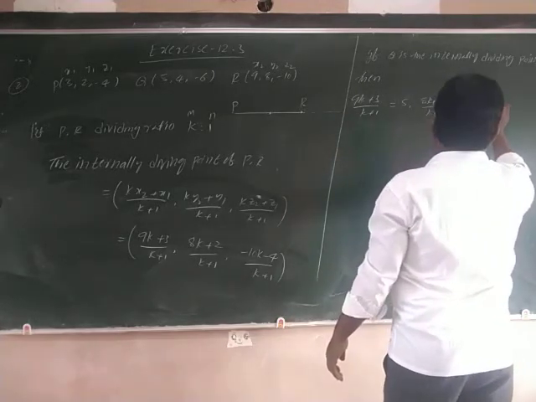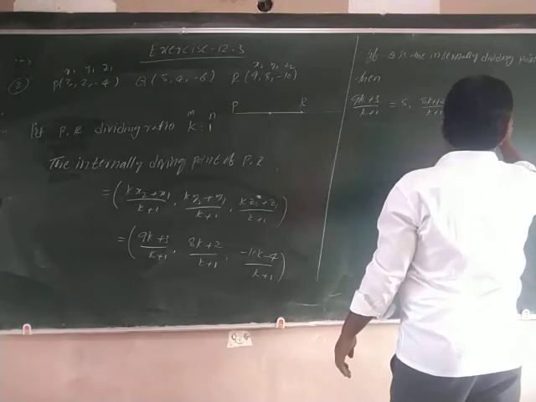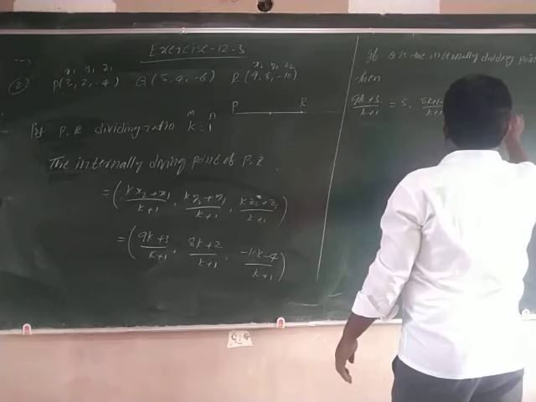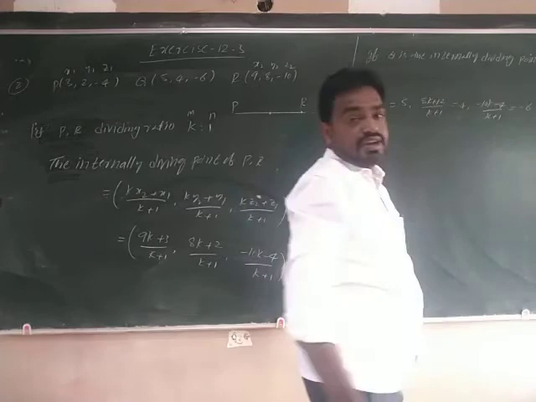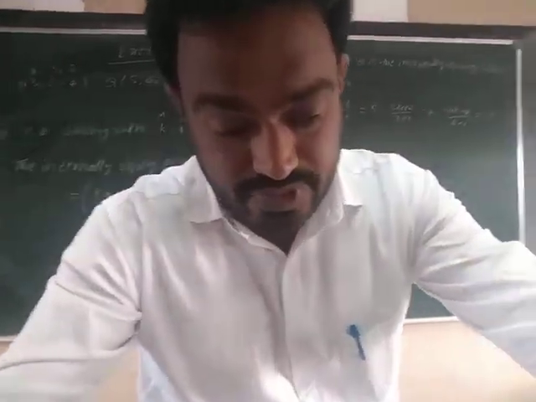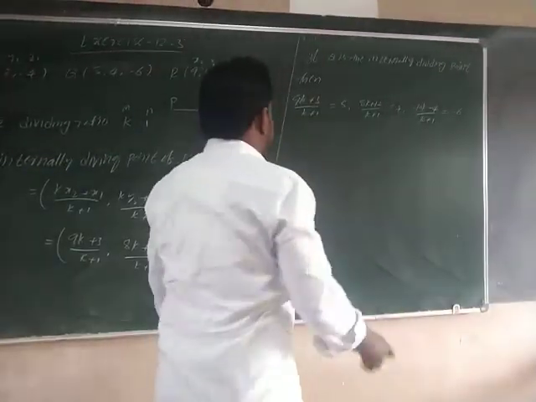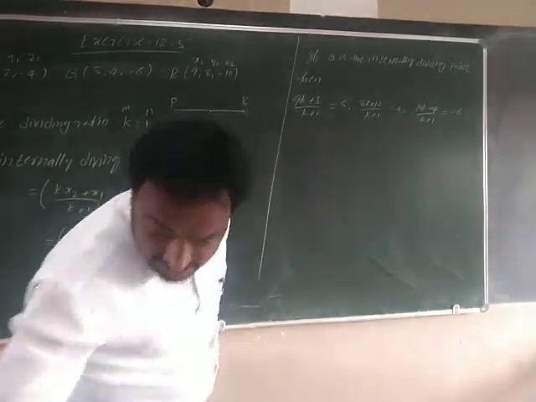Next, (minus 10k minus 4)/(k + 1) is equal to minus 6. Now you solve these, what are we getting here?